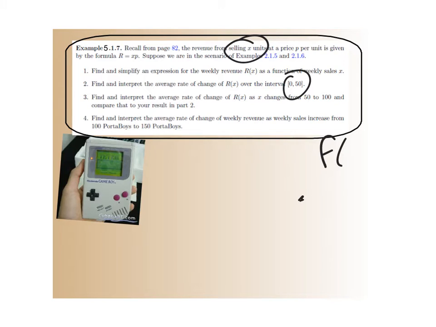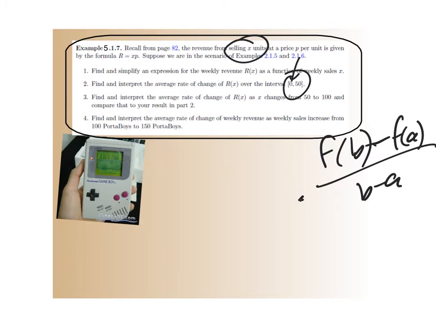Remember, it's f of b minus f of a, all over b minus a. These are my 2 points, the 2 x values of the points. It's 0 comma something and 50 comma something. Then I'd figure out f of 0 and f of 50. Okay, I think you got the idea. Move on.